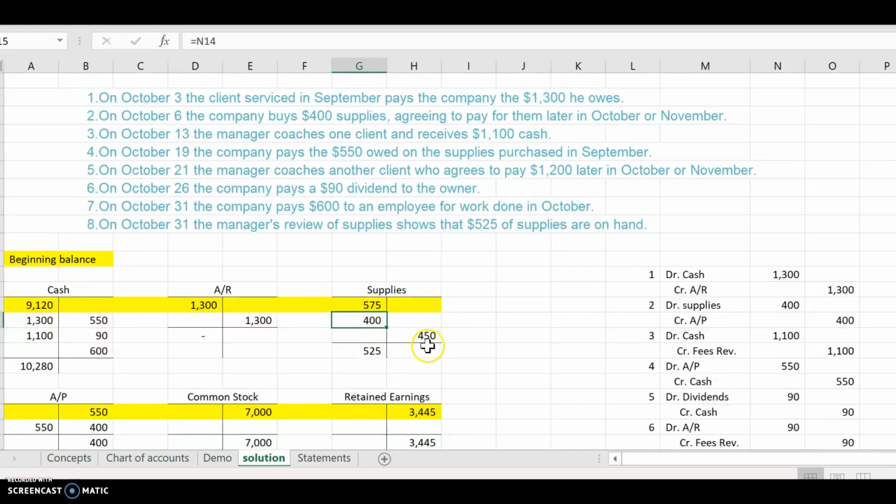This means that if I add up what I have originally and what I bought, I have $975 of supplies. But when I'm reviewing my supplies at the end of the month, it shows only 525. What does that mean? That means I used some of them, right? But I didn't record.